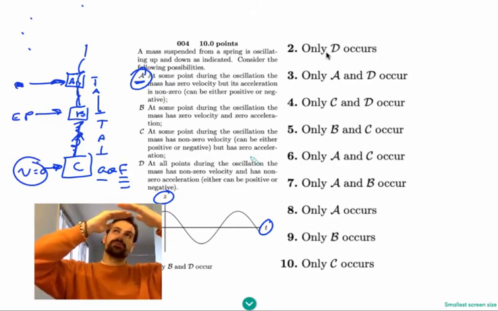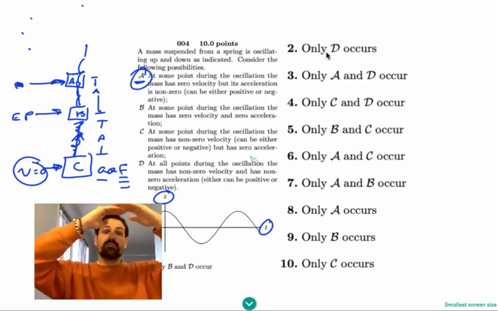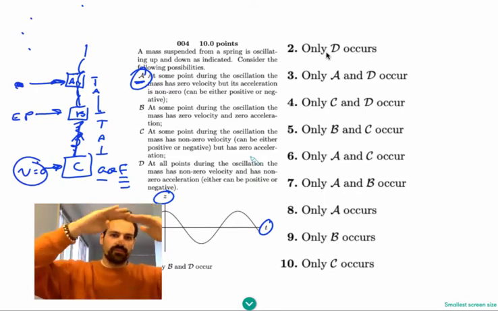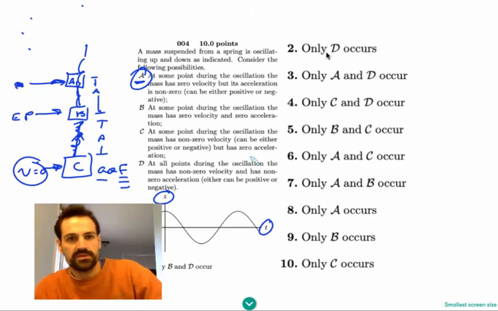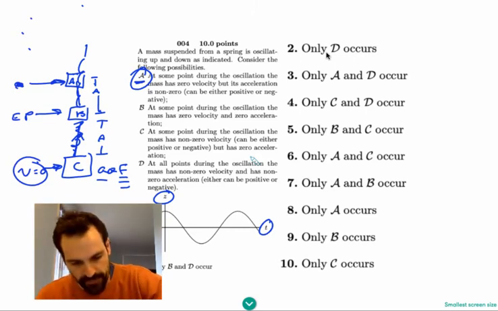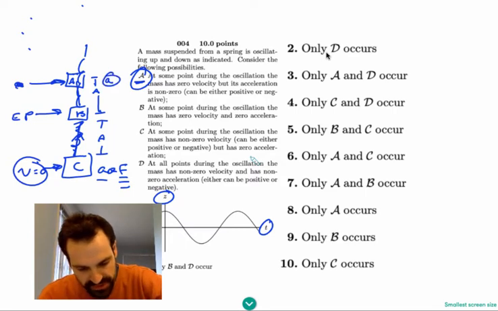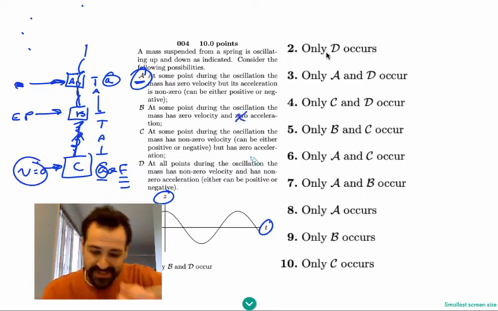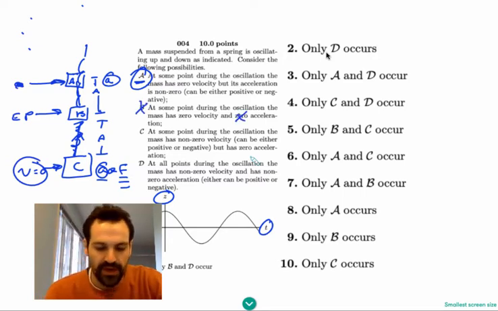So the spring is not really stretched, nor is it compressed, but it's accelerating because the object at that point is being pulled down by gravity. So in both of those situations, there is an unbalanced force, which means there is an acceleration. So it can't have zero velocity and zero acceleration. That's not possible, so we've ruled B out.